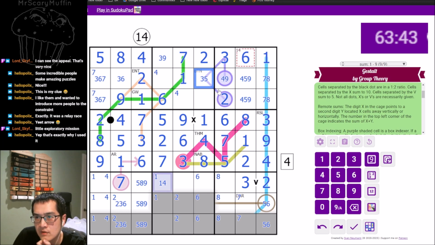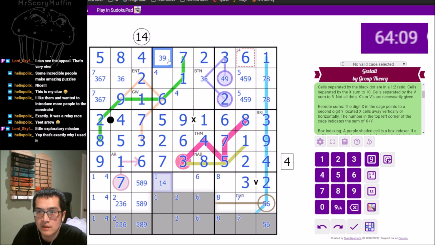It could also be a 5. 4 5 7 9. It's not particularly helpful, except that we know 5 can't be here. So, well, I mean, okay, we know 5 has to be here. That was not a very useful clue. Okay, I thought I could resolve this, but I guess not. Not today.